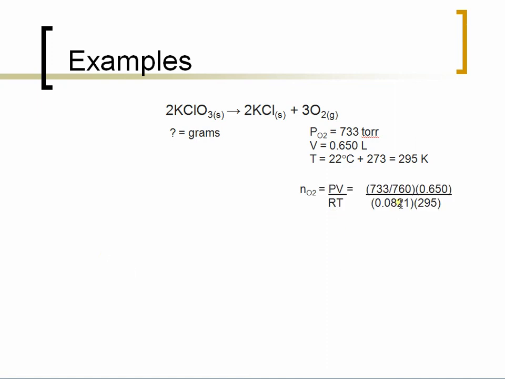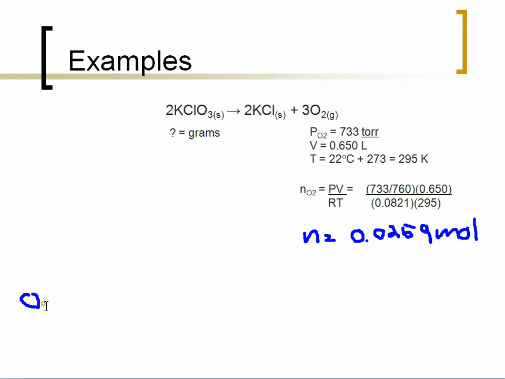Alright, so you should have it set up something like this. And the number of moles of O2 I got was 0.0259. Well, now that we have the number of moles of O2, this becomes just a regular stoichiometry problem.